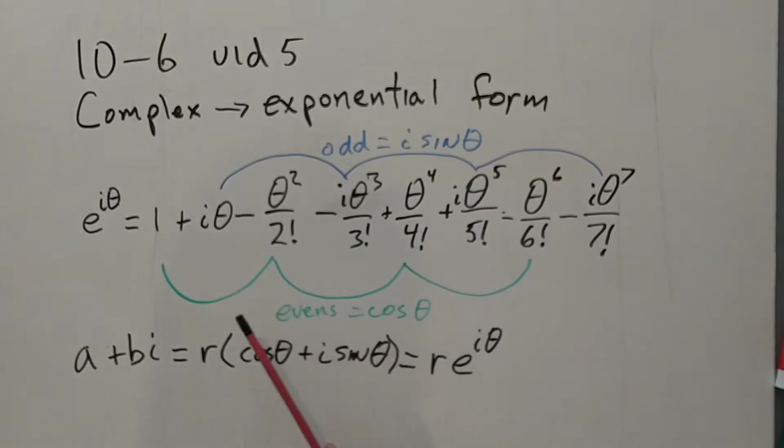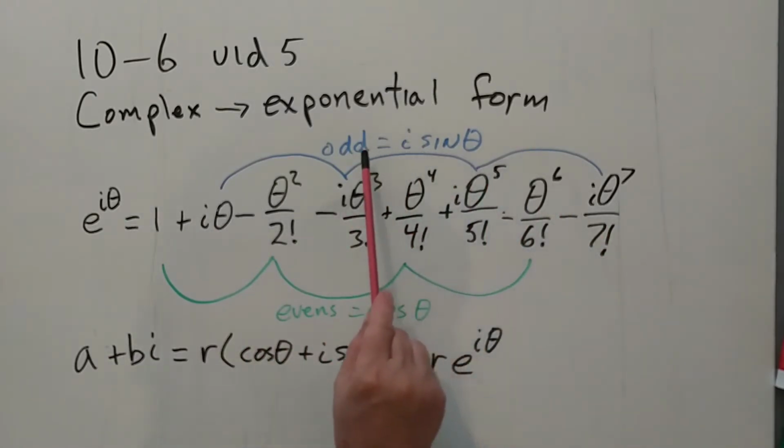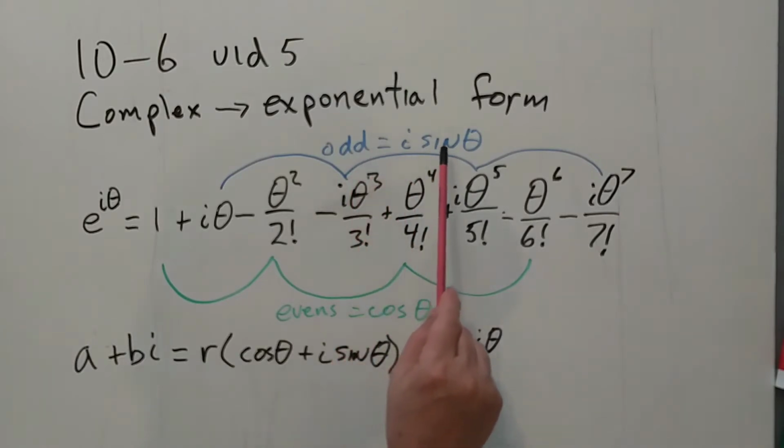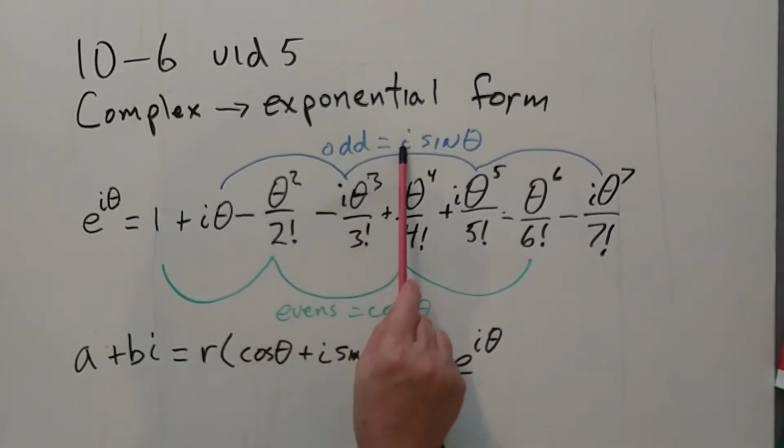If you look at this closely, you'll notice something. If I look at all of the even powers, that's nothing more than the cosine power series. If I look at the odd powers, lo and behold, that comes out to be the sine power series, except it's multiplied each one by i.